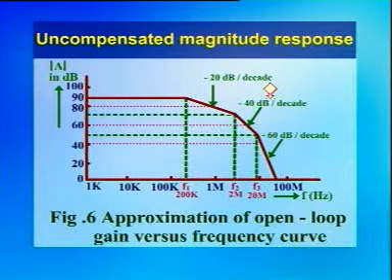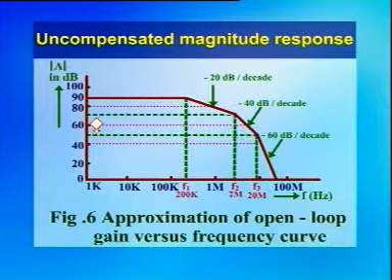That is, gain decreases by a factor 10 when frequency becomes tenfold. Now, F2 equal to 10 F1 equal to 2 MHz, and at F2, A equal to gain at F1 minus 20 dB, that is 90 dB minus 20 dB equal to 70 dB.